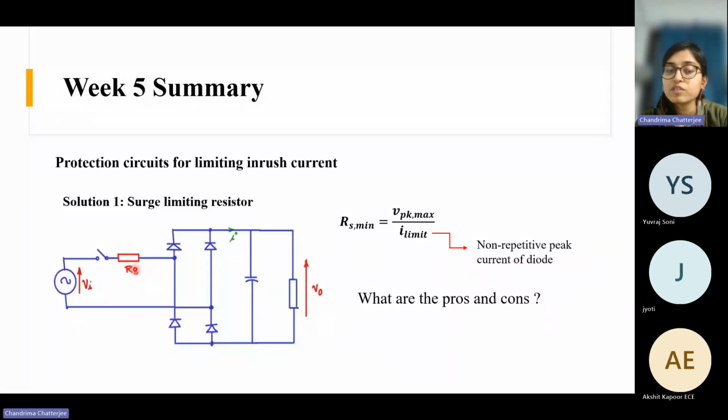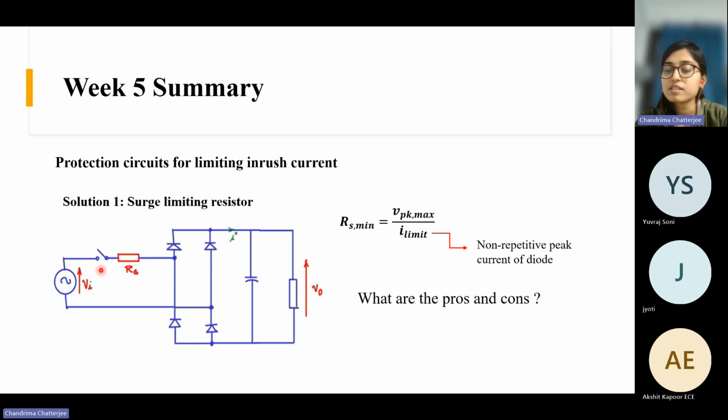And how will you select the value of this resistor? The minimum value of the resistor should be V peak max by I limit. What is the V peak max? V peak max is the peak value of the source taking into account the range. Like in the last question, I showed you some range of the grid voltage.